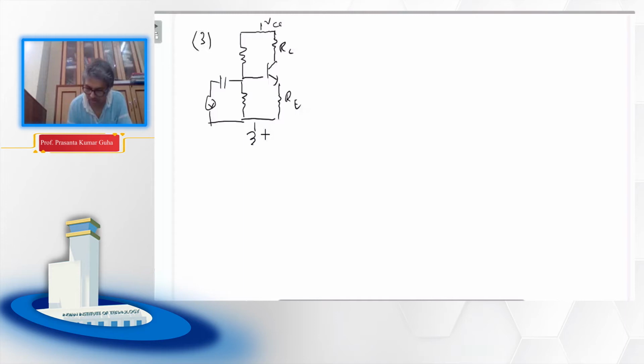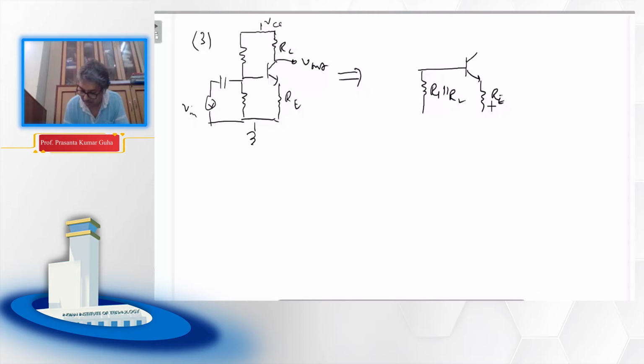So this is our circuit then. In that case, if we draw the corresponding AC circuit, it will be similar to what we have drawn before. The only difference is there will be an extra RE here.